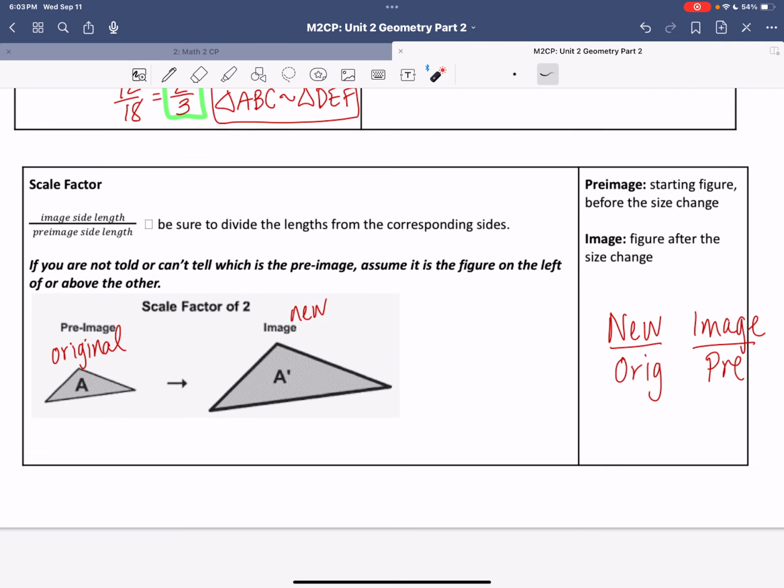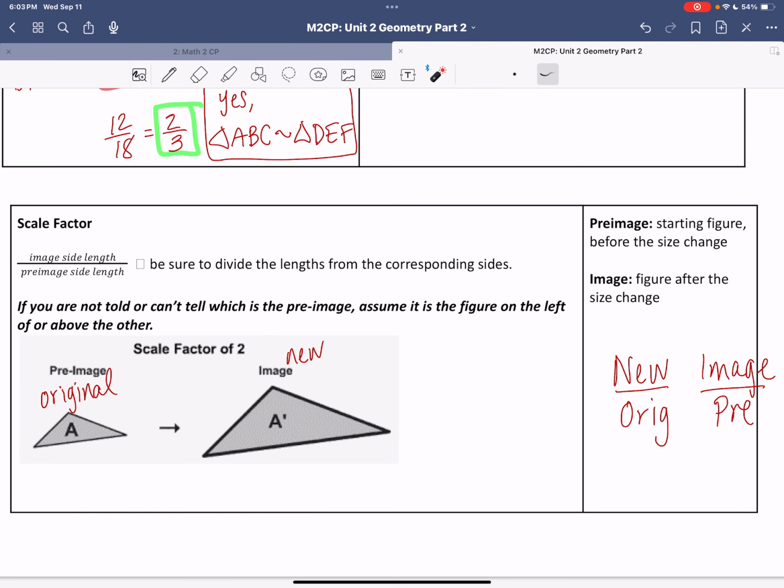And then now let's talk about scale factor. Now scale factor is figuring out what number you're multiplying by to see if they're proportional or not. So if you can't tell which side is the pre-image, assume the figure on the left. So this guy would be the pre-image, and then it goes that way from there, or it could be top to bottom.